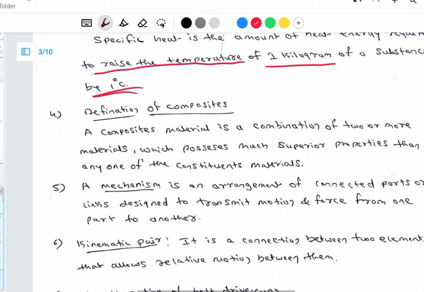Next, composite materials. Composite materials are also a mixture of two or more materials.